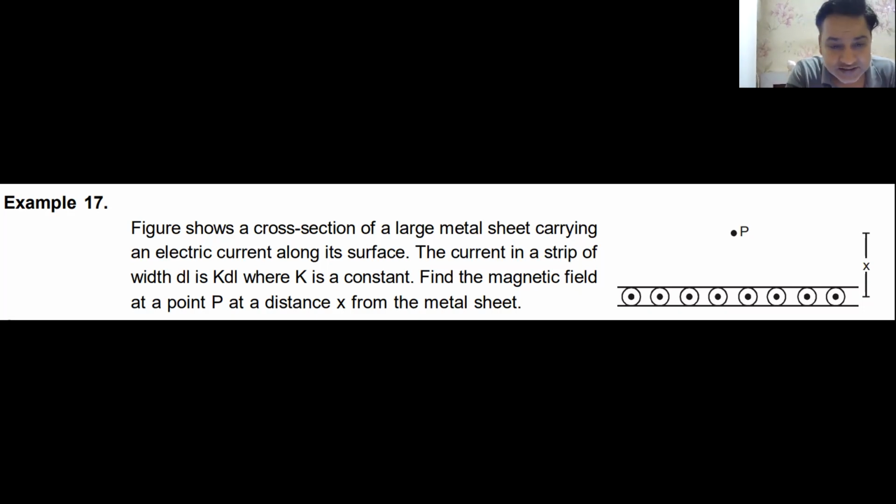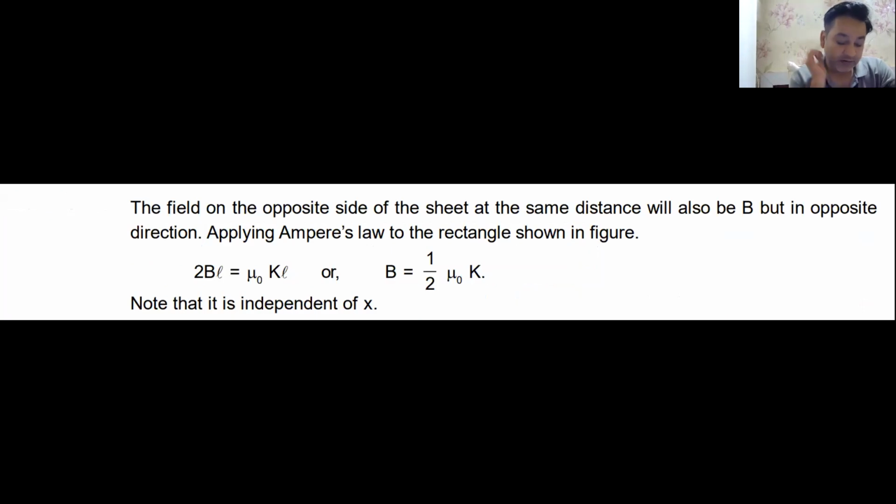By applying Ampere's law, do you remember the standard result? It is mu naught lambda by 2. Now this result is exactly similar to the electric field due to an infinite sheet, sigma by 2 epsilon naught.